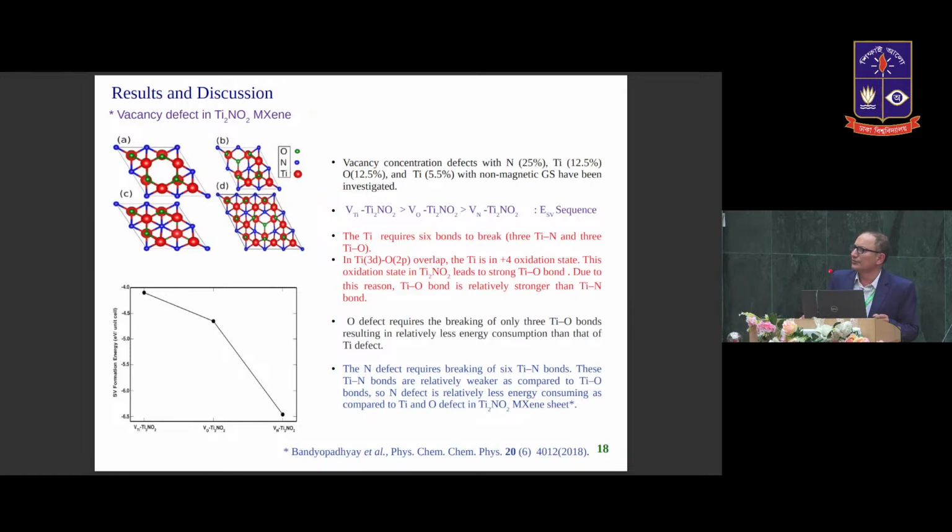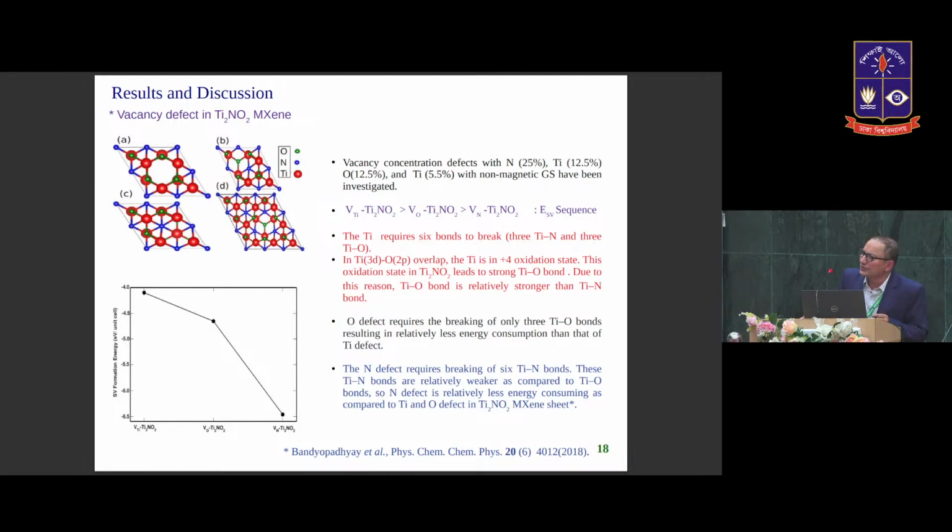This is the 12.5% Ti vacancy, and here is the 12.5% O vacancy, oxygen vacancy. Here we use a 3x3 supercell to make the concentration of Ti less. That is 5 kinds of vacancy defects. So we observe all the systems, the spin down state property of all systems are non-magnetic in nature.